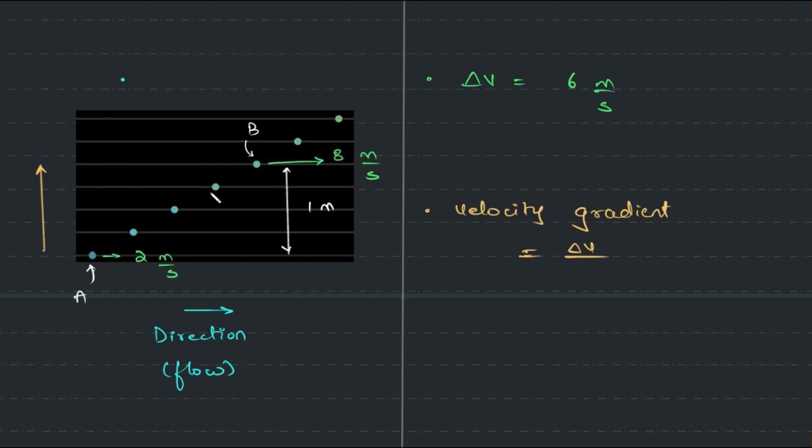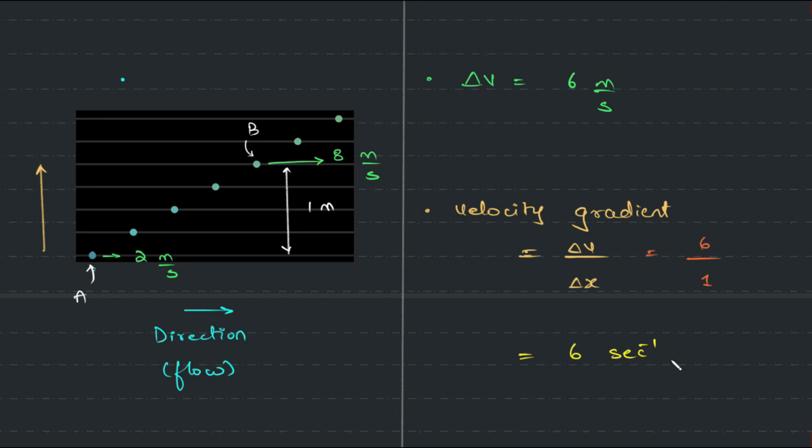Look at the distance between their stream, between their layers per se, and take the ratio. So in this case, the velocity difference is 6 and the distance between them is 1. And the velocity gradient is 6 per second.